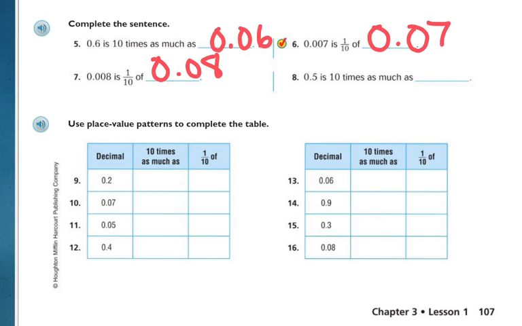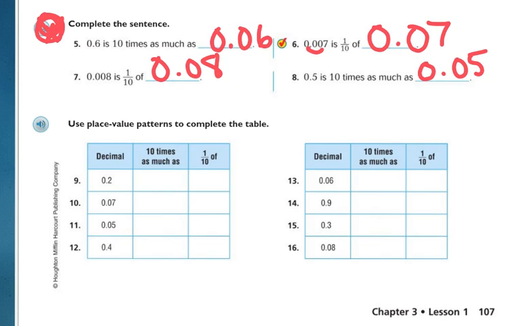And we're going to put 0.7 or 7 tenths. We're just moving the decimal point over. 0.5 is 10 times as much as, and on this one we're going to put 0.05 or 5 hundredths, just moving the decimal point over. This is exactly like the lesson that we did in chapter 1.